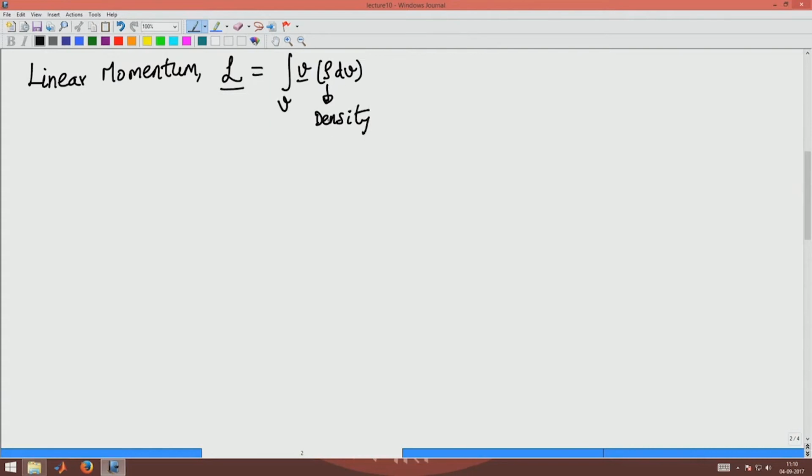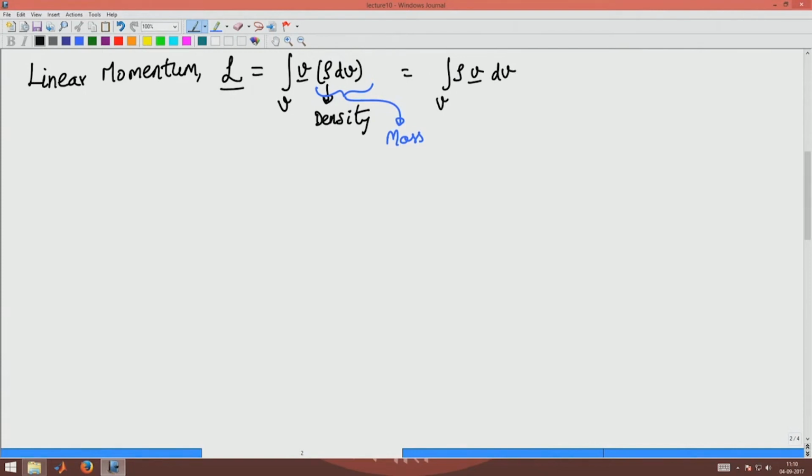Density is mass per unit volume, so if you multiply by volume, we will get the mass. So, we will rewrite this as integral of rho v dV.